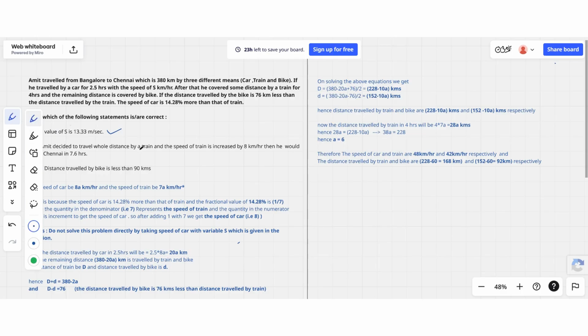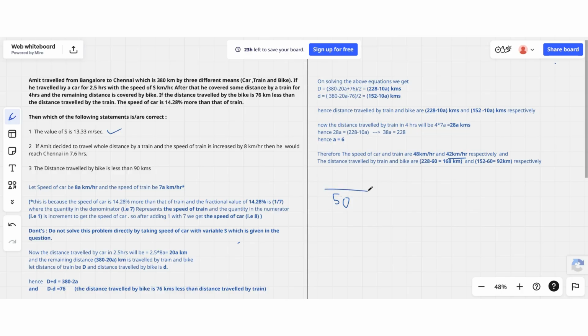Statement 2 is given as: if Amit decided to travel the whole distance at a speed of 50 kilometers per hour, then he would reach Chennai in 7.6 hours. Now we can check. The speed of the train is 42 kilometers per hour, and the speed of the train is increased by 8 kilometers, so the new speed is 50 kilometers per hour.